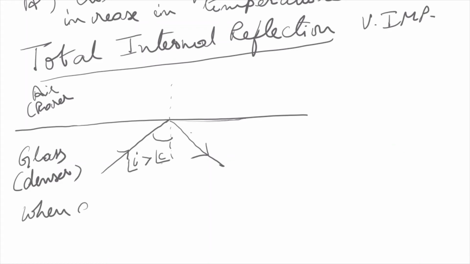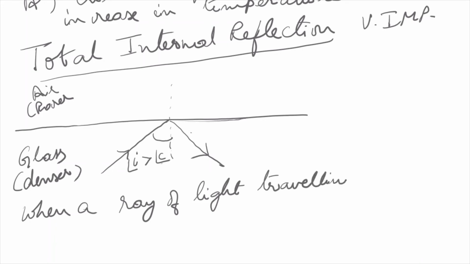When a ray of light, but mostly total internal reflection is asked to define. Okay, when a ray of light traveling, so if you understand the phenomenon concept, you can write in your own words. Traveling in a denser medium, this glass was a denser medium, right?